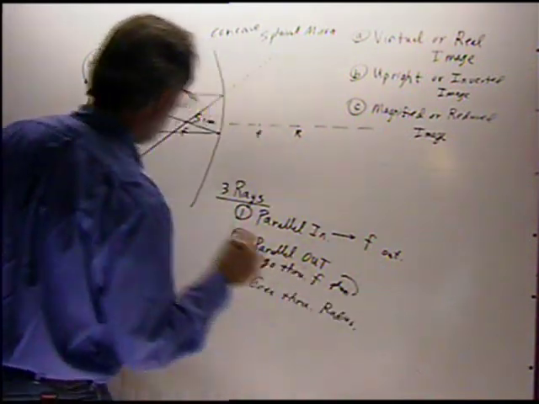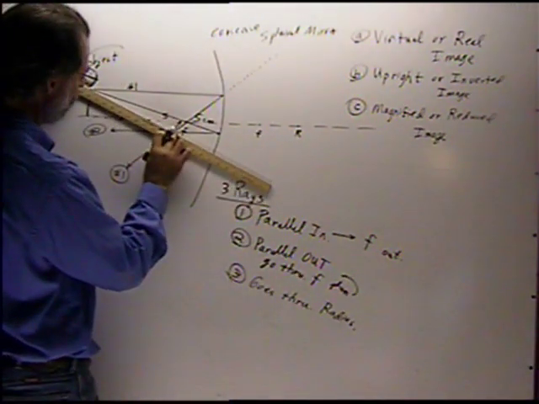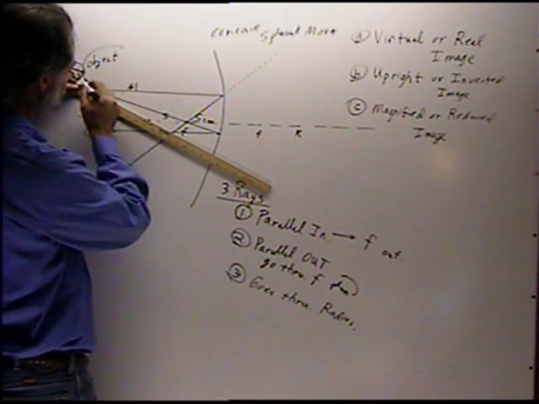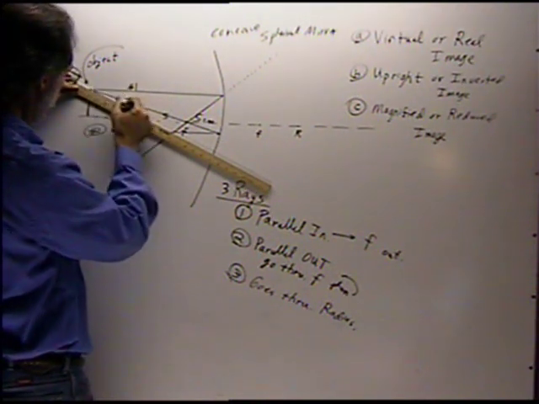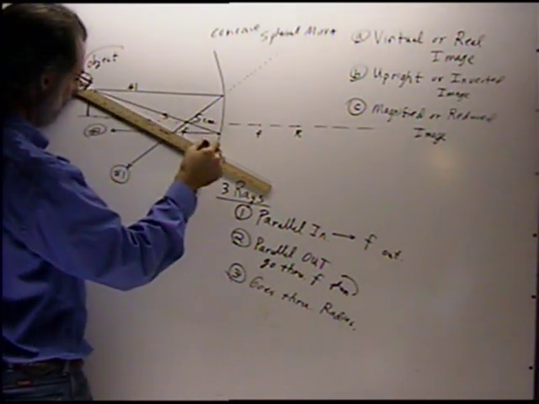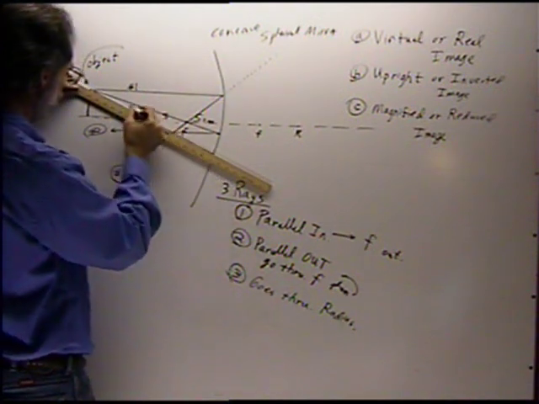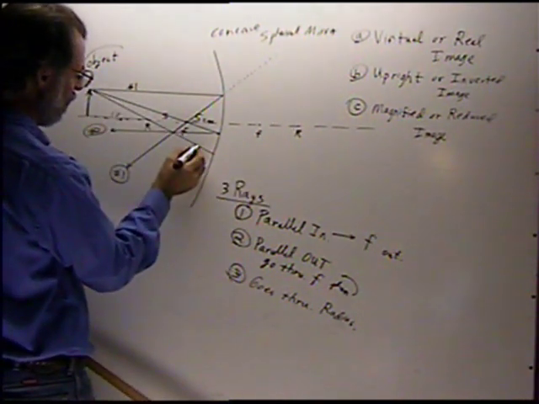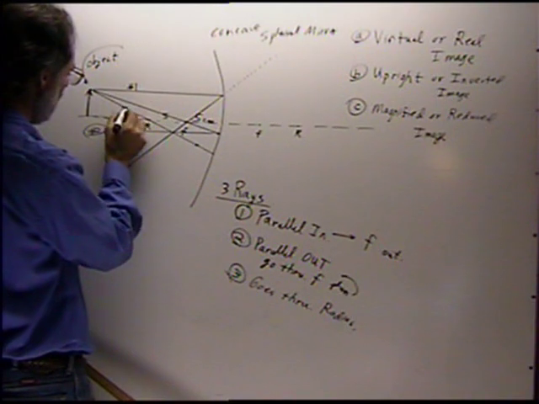Now, if a ray goes through the radius, it reflects right back on itself. Ray number 3 goes through the radius, hits the mirror, and bounces right back. So it goes this way, but then it comes right back.